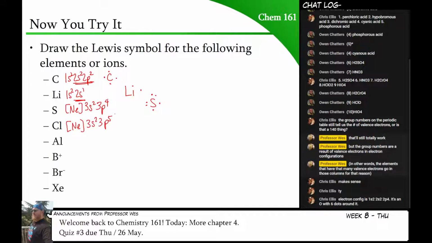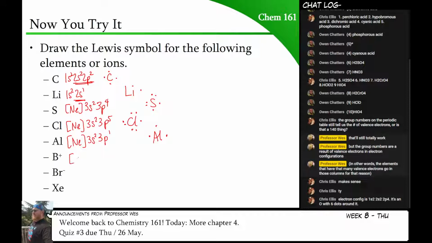For chlorine, I have 3s2, 3p5. So chlorine would have 7 valence electrons. So there you go. Aluminum is neon 3s2, 3p1. That's 3 valence electrons. There we go.